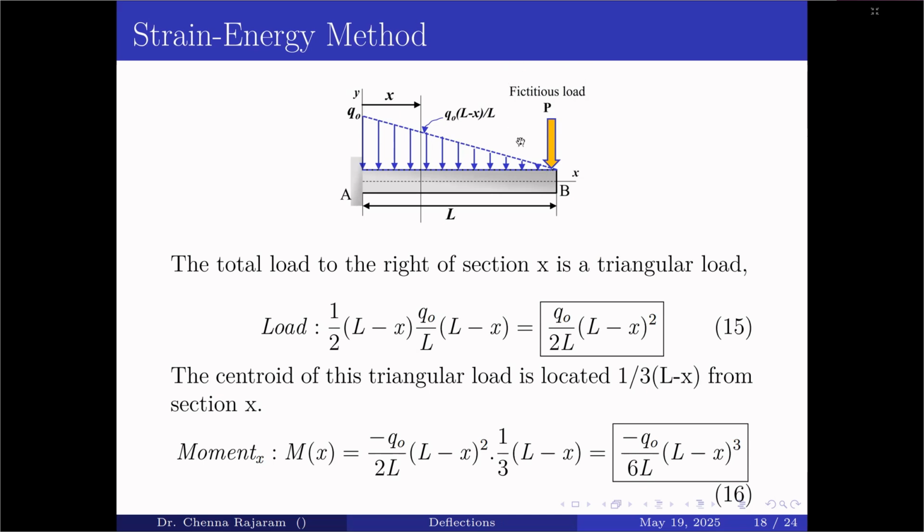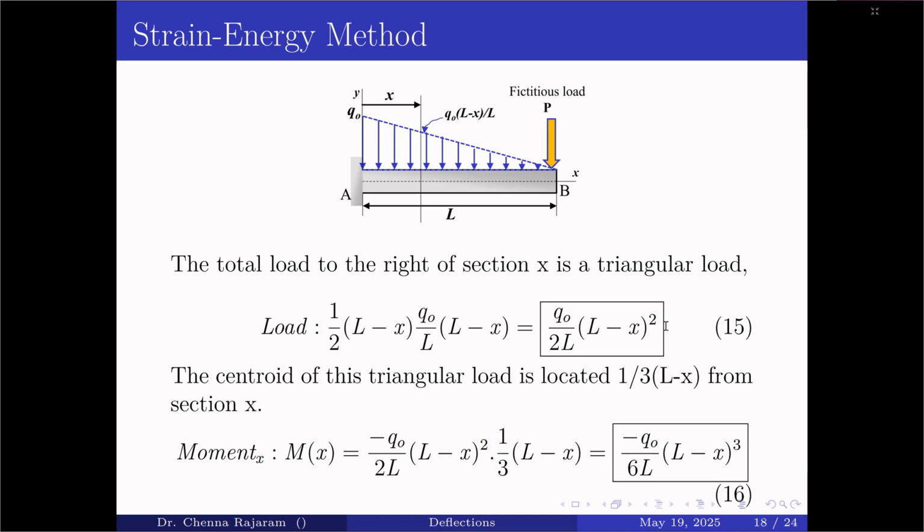The total load to the right of the section X is a triangular load. Load is equal to 1/2 into L minus X into Q naught by L into L minus X, which is equal to Q naught divided by 2L into L minus X whole square.